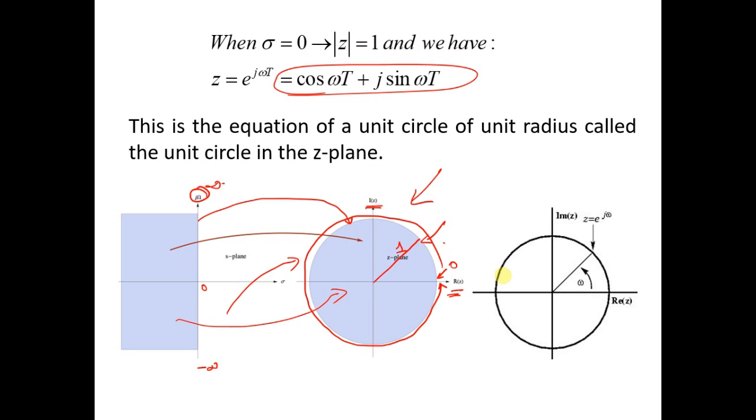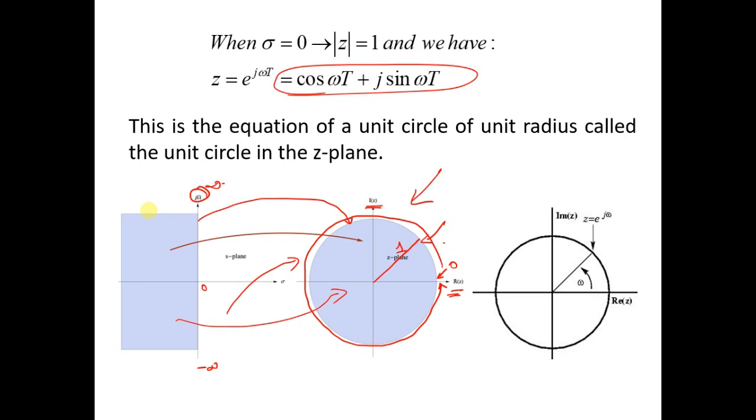In the Laplace transform, we had one-to-one mapping of the frequency component, so one point got one frequency component. Whereas in digital signal processing, when you try to design any system, you will have multiple frequency components mapped to a single point.